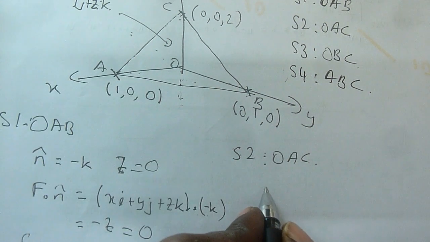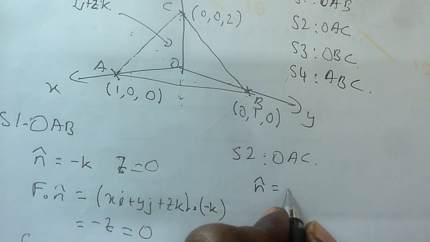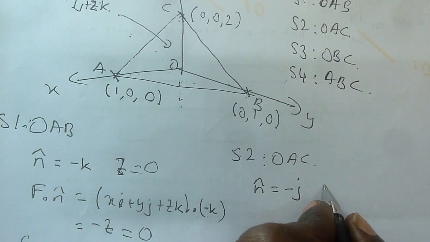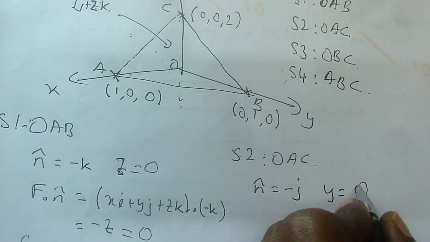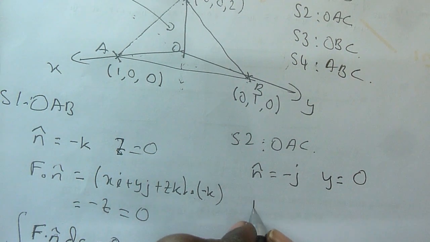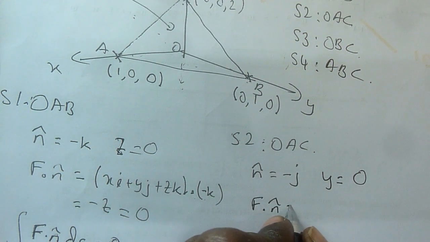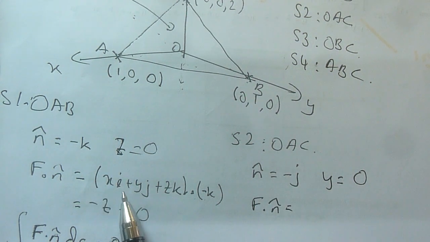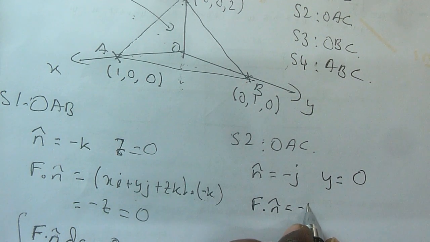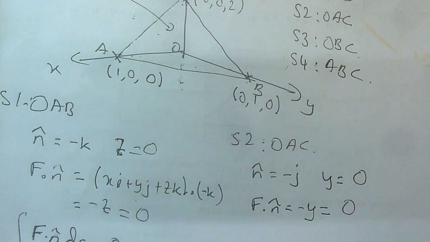Therefore, the n here is negative j. What about y? At this point, y is 0. Okay? Can I find out F dot with the n? Wow, this is easy also, similar to this. But here you put a negative j, you get a negative y, which, since in this case is 0 as well.